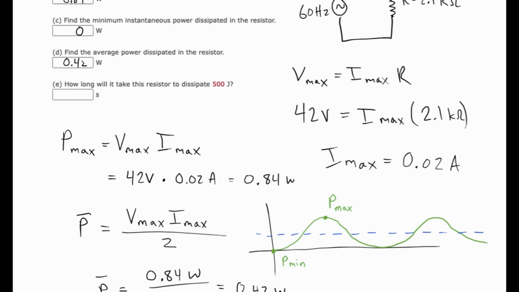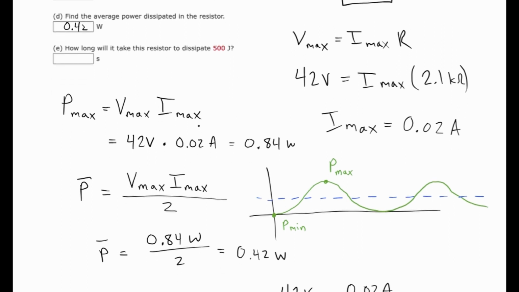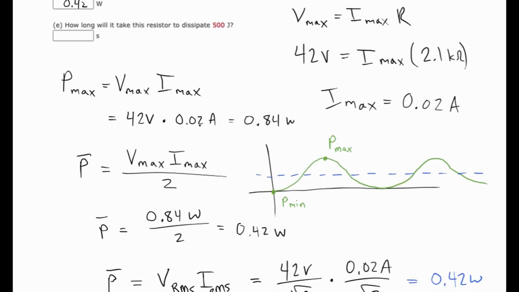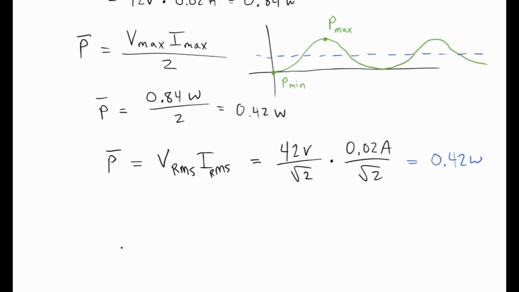Alright, next, how long would it take this resistor to dissipate 500 joules? We want to dissipate 500 joules, so I would just use the other power formula. Power equals the energy dissipated divided by time.